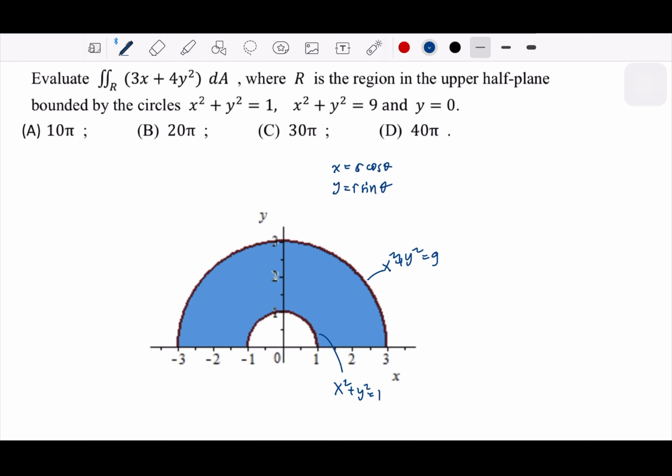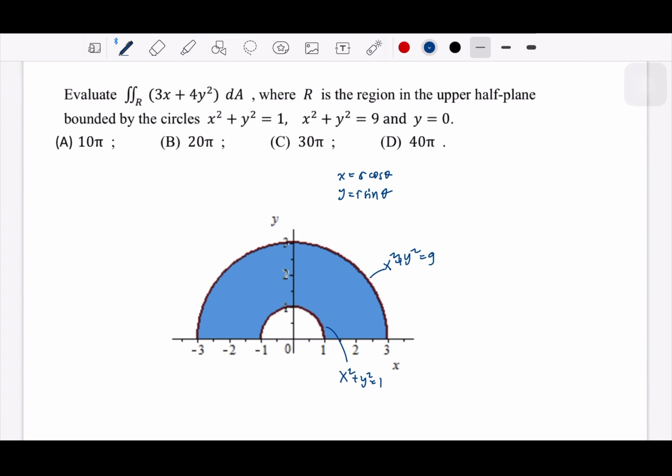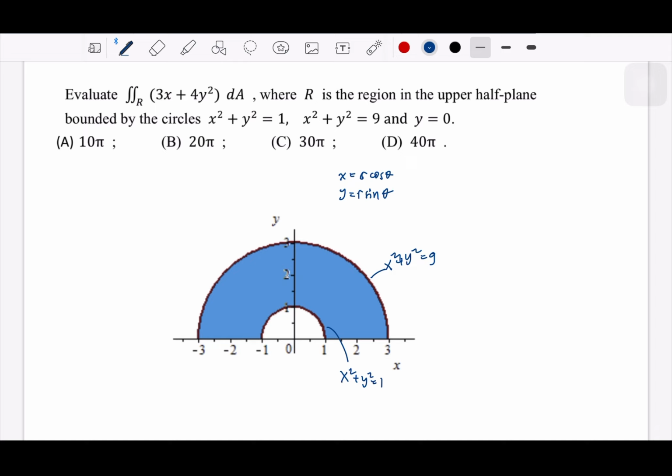So every time you see any curve that can be easily converted to polar, sometimes it's really obvious that it's a circle or circular, you can easily convert to polar.